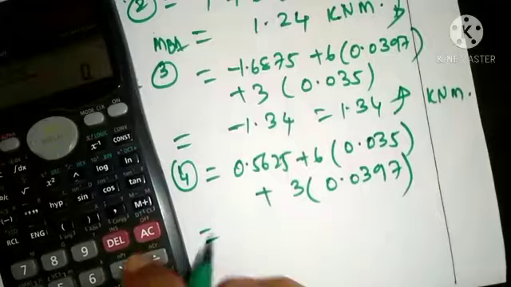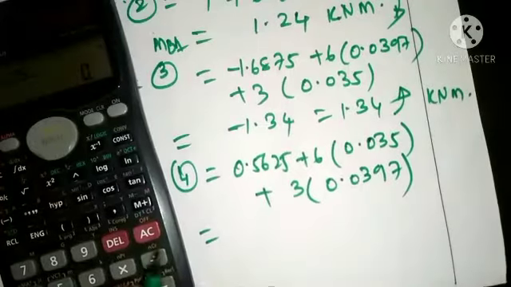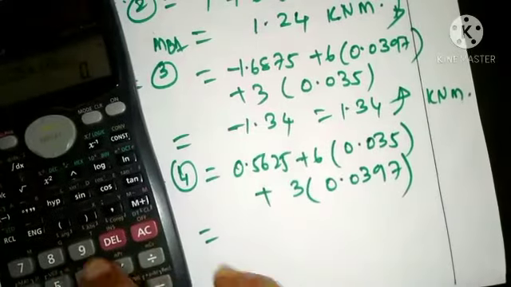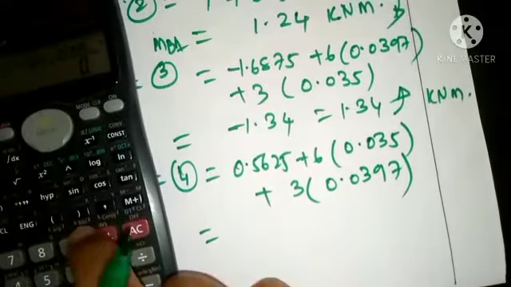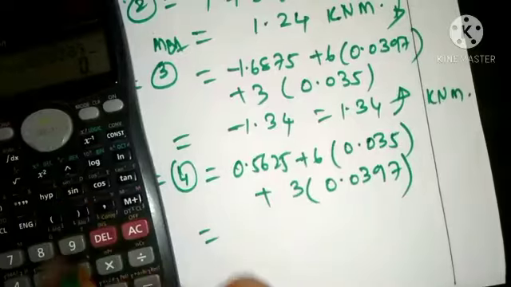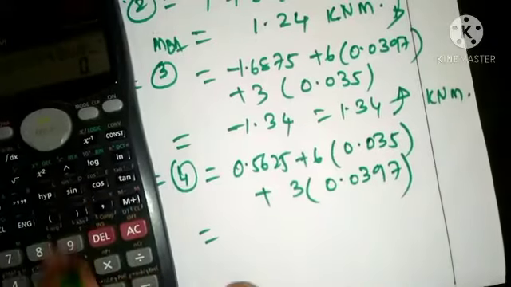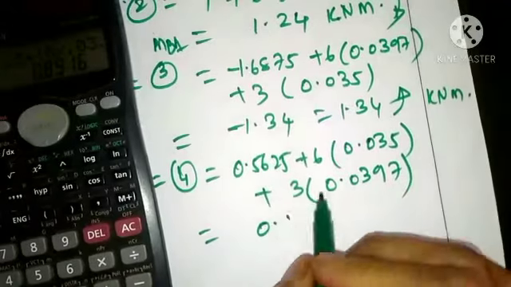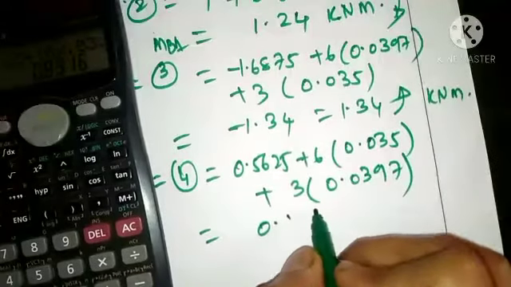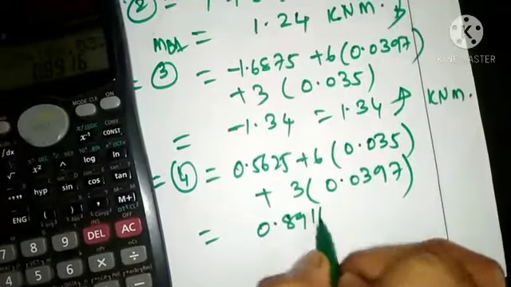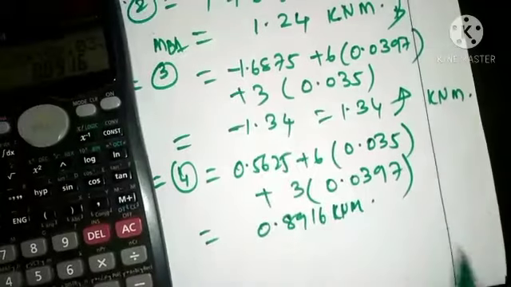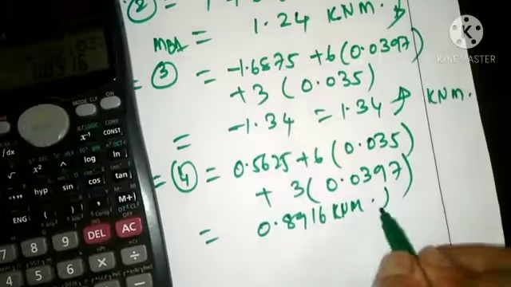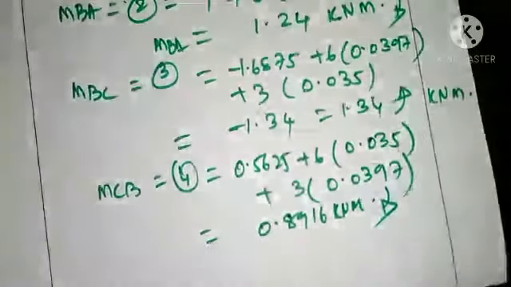Its value will be 0.5625 plus 6 into 0.035 plus 3 into 0.0397, and that will come as 0.08916 kilonewton meter, and it is in clockwise direction, so positive.